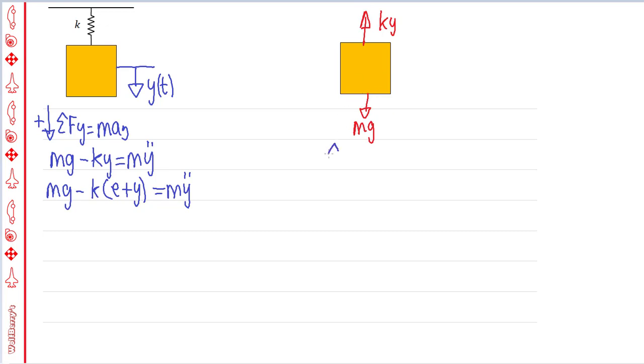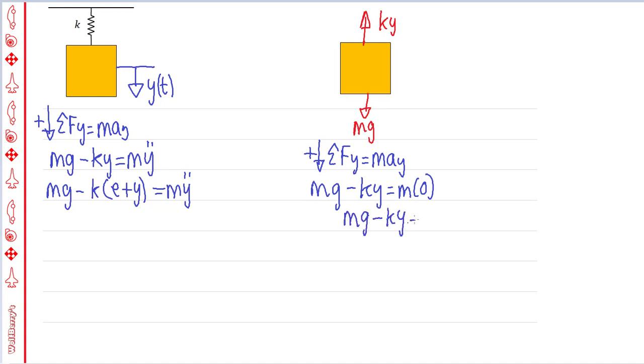Sum of forces in y equals ma y. Let's pick down as positive, it doesn't matter because it's not moving. You will have mg minus ky equals m, but acceleration is 0. So in the end you get mg minus ky equals 0.